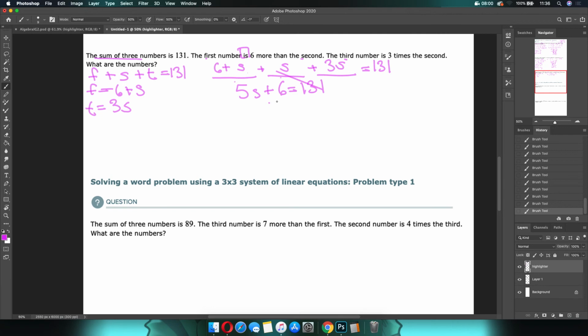Now we are going to minus 6, 5S equals 125. Divide by 5, divide by 5.